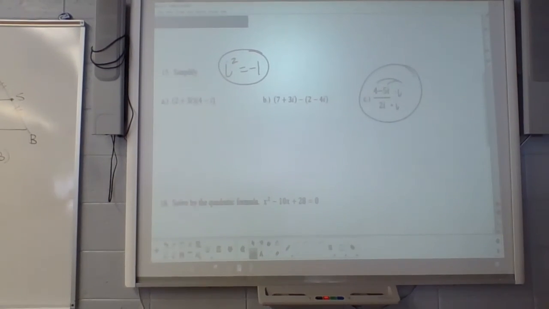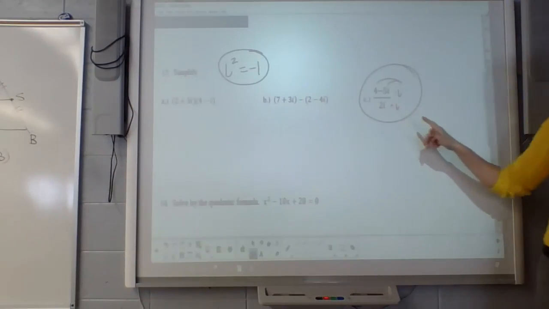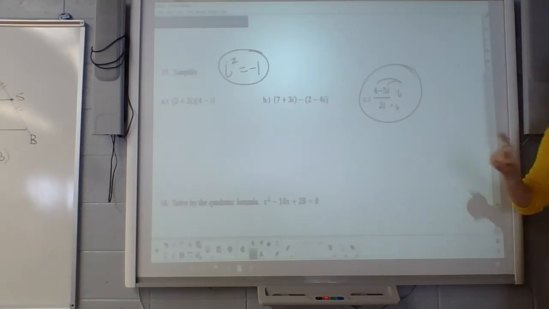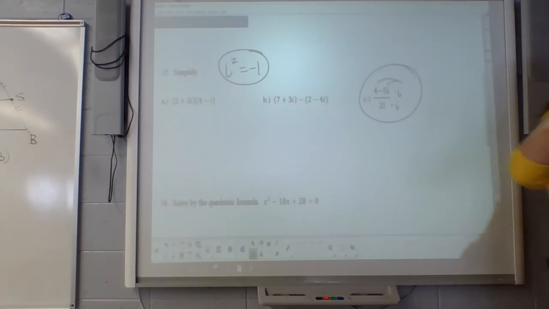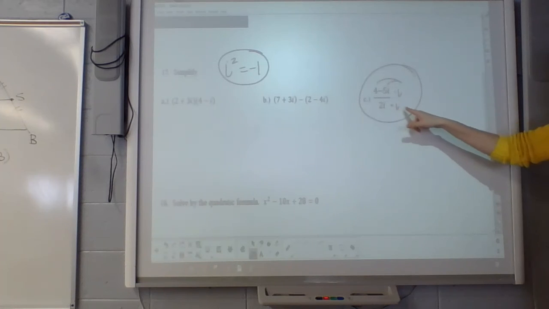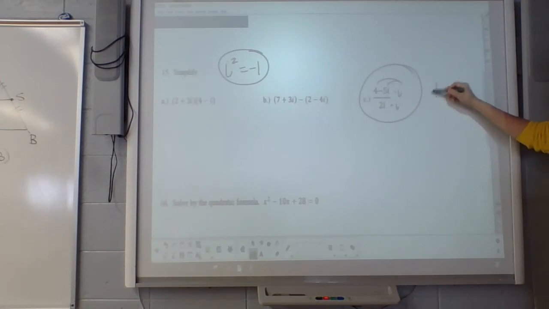So did 15C go better then? Yeah. Does it make sense if we only multiply by i rather than the conjugate? There's only one term. So if I multiply by i, I know i squared is negative 1. So I'm basically making that bottom no longer an i. So this becomes 4i minus 5i squared all over 2i squared.